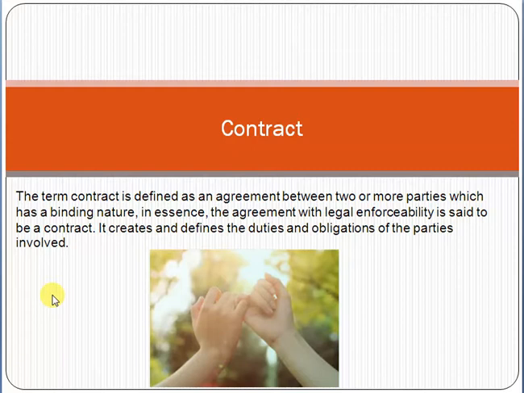Contract. Friends, in the general sense, a contract is basically an agreement between two parties based on some terms and conditions. Take an example. You want to purchase a car and you go to a car showroom and decide to purchase a particular car. After some negotiation on the price, the car price has been decided.